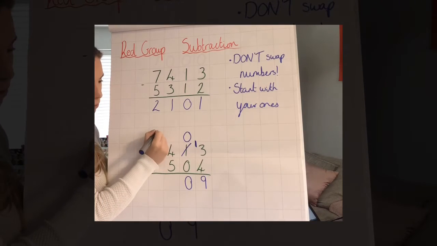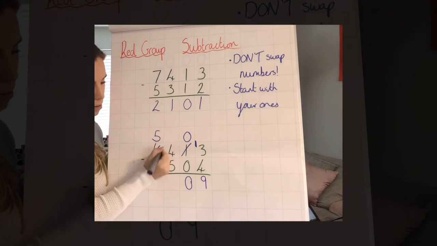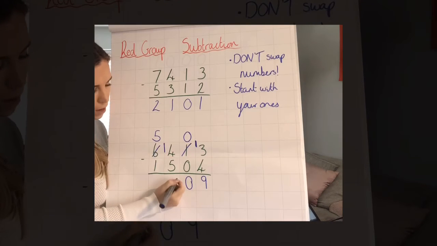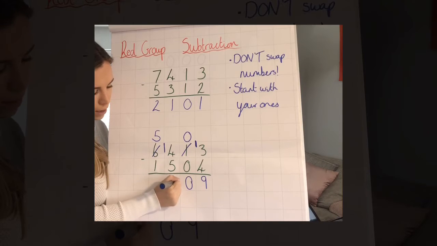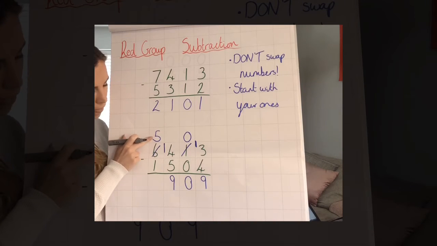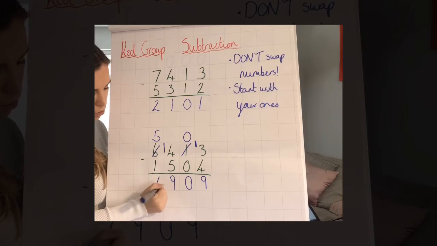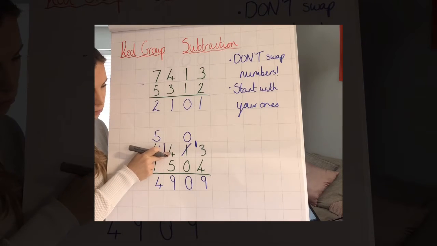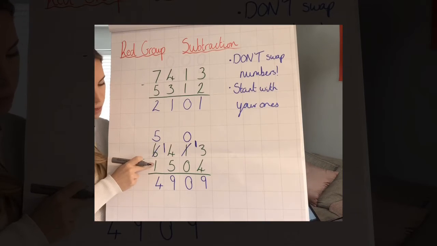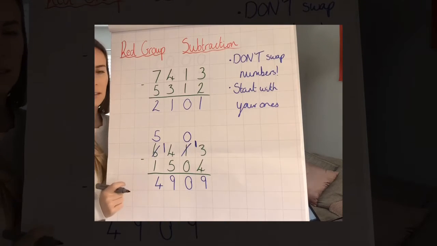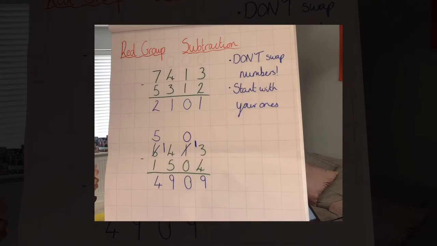So I'm going to cross that one out, make it a 5 because I'm borrowing one. So now it's 14 take away 5, which gives me 9, and 5 take away 1, which gives me 4. So 6,413 take away 1,504 gives me 4,909.